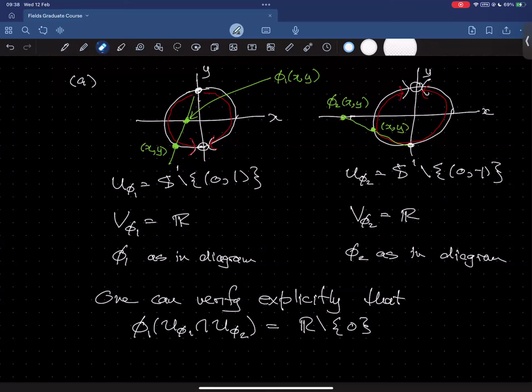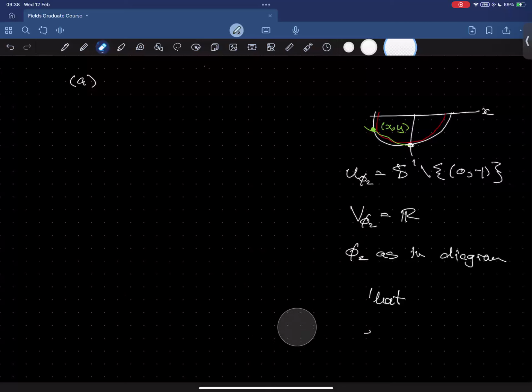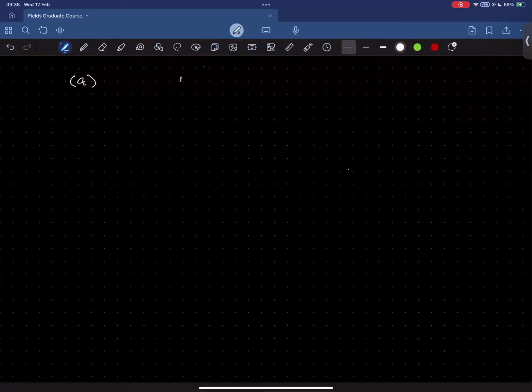I really messed this up. In fact, I messed it up so badly that I'm going to start this over again. It's a small error, but it's more confusing to try to fix than to just do it from scratch. I'll do it a little more quickly. Sorry about that.